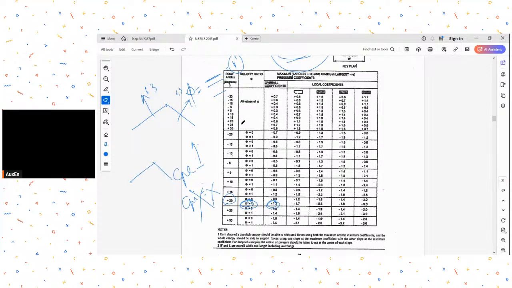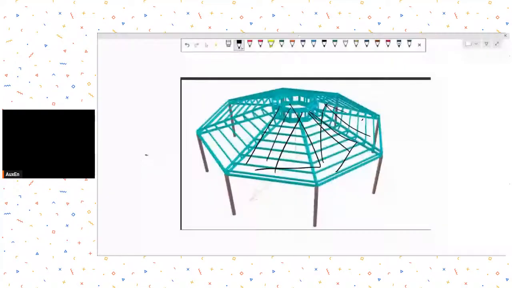Then you take another case, and this time you apply a coefficient towards the roof, a plus coefficient. So you make these two cases, and accordingly you apply the wind loads. This is the closest I think we can get for the type of geometry that we have. This is the best that 875 part 3 can give you.